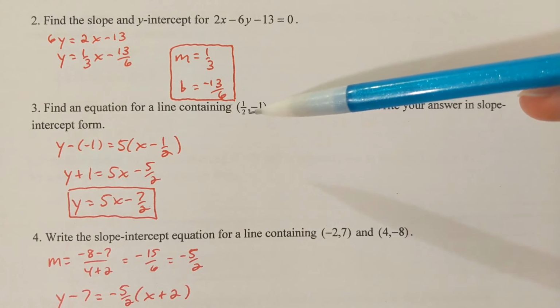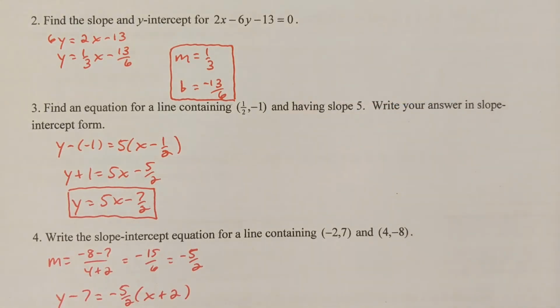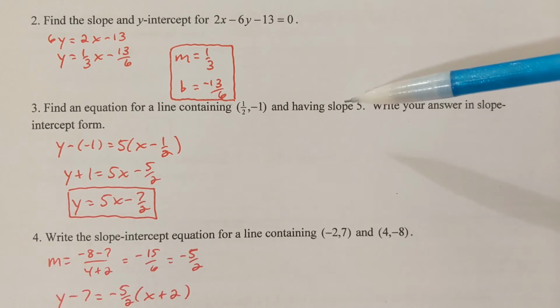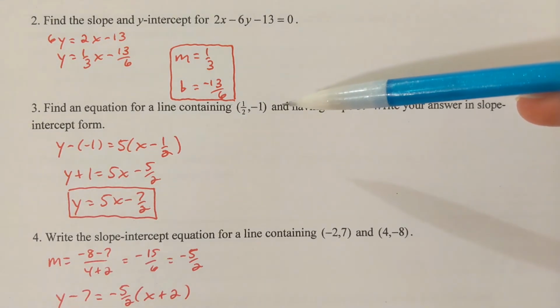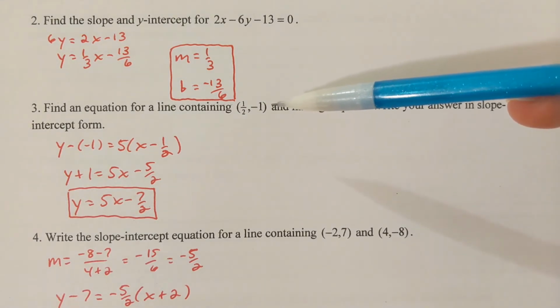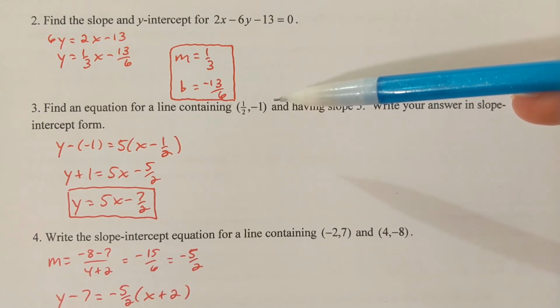Problem 3, find an equation for a line containing 1/2, negative 1 and having slope 5. Write your answer in slope-intercept form. Okay, so we have the slope known and a point on this line, 1/2, negative 1.